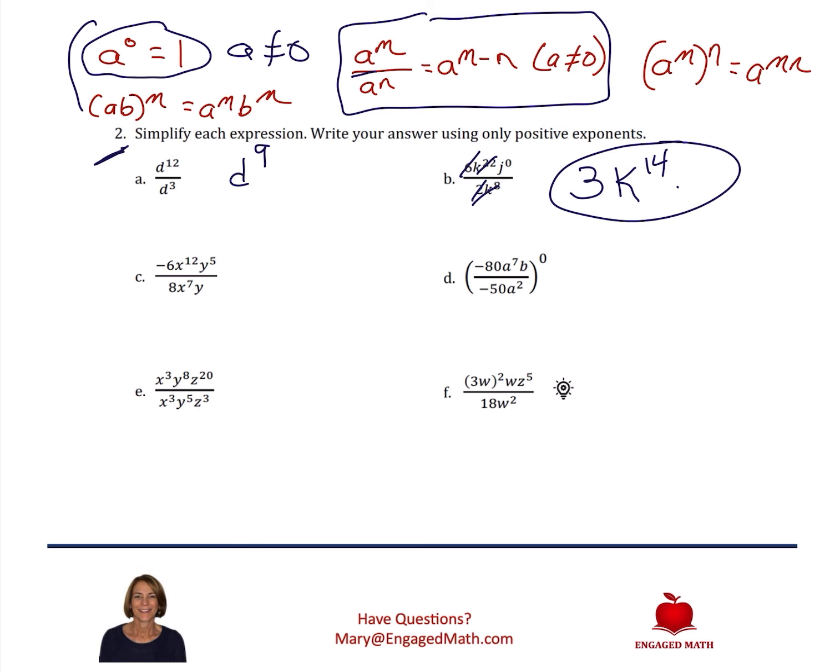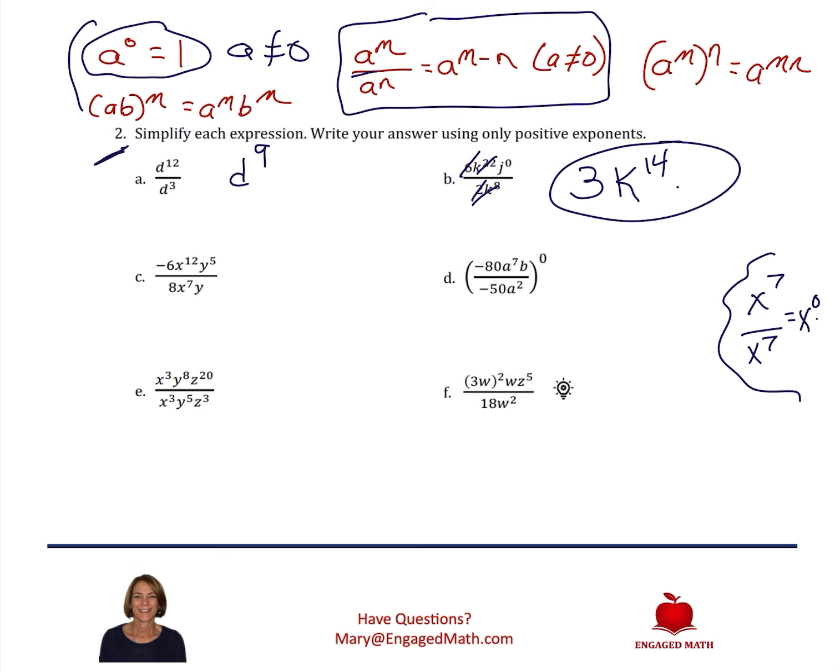Now, the other thing I want to make sure you understand is why something to the 0 power equals 1. Let's take a little aside example here. How about x to the 7th over x to the 7th? We know from the rules we've been covering today that that is going to be 7 minus 7, or x to the 0.